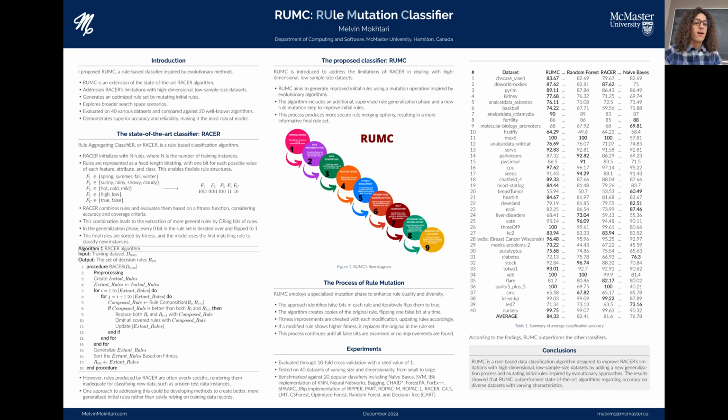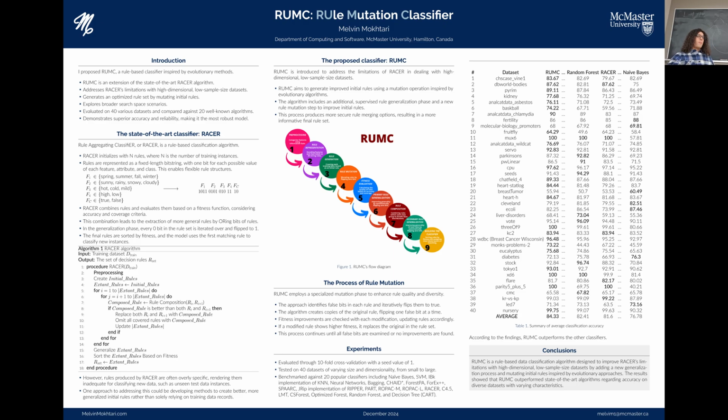As you can see, I tested RUMC over 40 different datasets, which were gathered from the OpenML website and UCI Machine Learning Repository, and compared it against 20 other well-known classifiers, including naive Bayes, decision trees, those listed at the bottom of the middle column, random forest, bagging, and of course RACER and RUPAC.